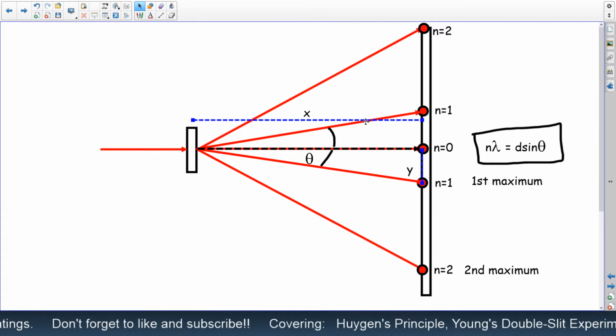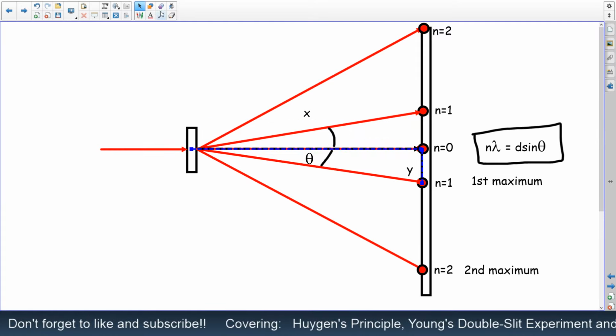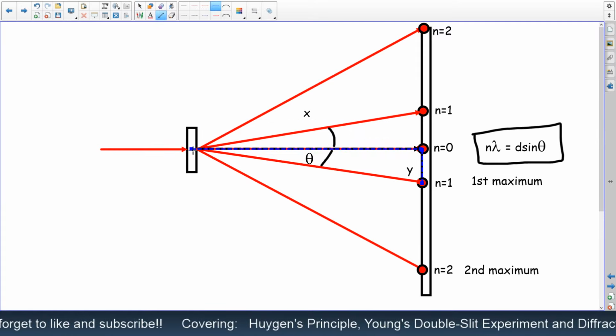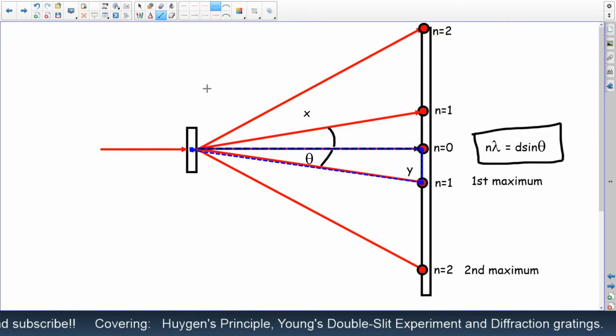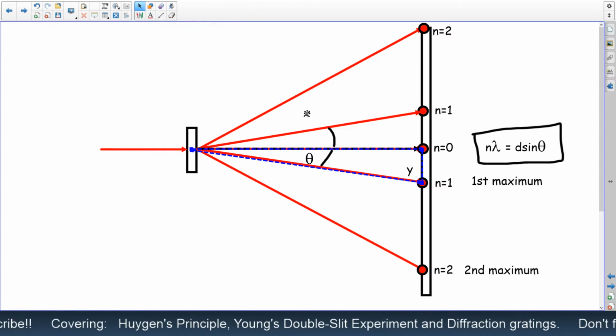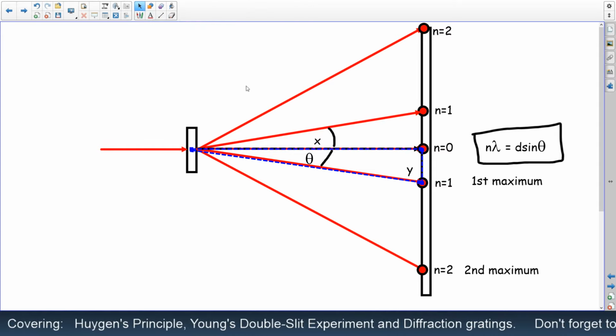Because if I take x and I take y and put them together, I will once again form myself a beautiful right-angled triangle with theta in it. And this time we have an opposite over an adjacent.